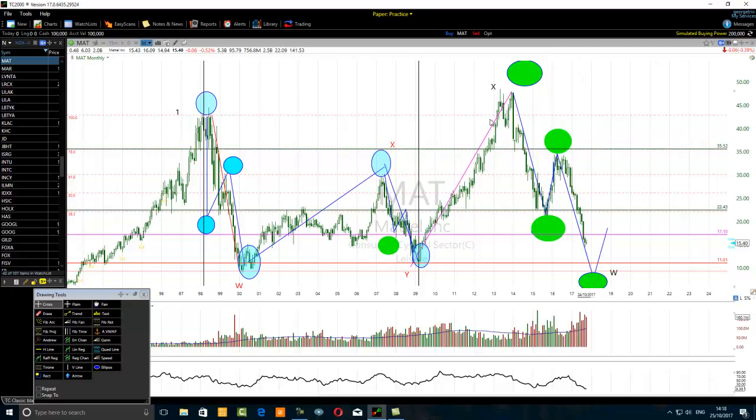So now this is the X, another new X wave. We will put here, I don't want you to get confused, it's going to become a bit complex to some traders, what I'm about to talk about.